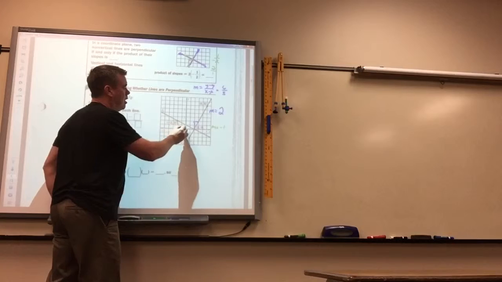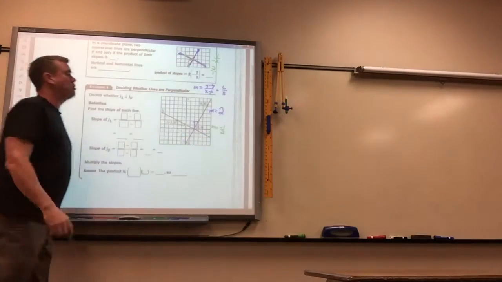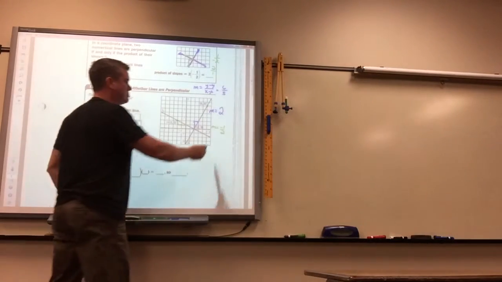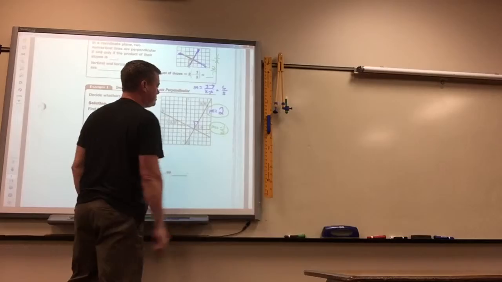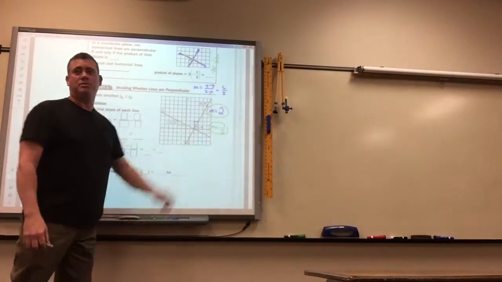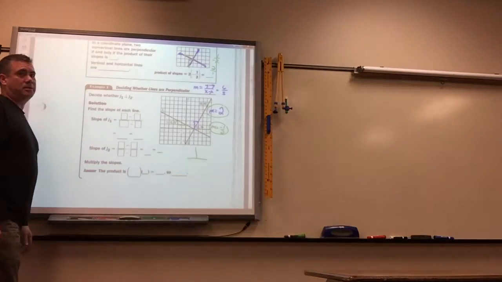So that's negative, and over 2. So, are they perpendicular? Yep. One's positive, one's negative, and they're reciprocals. So you can just put the symbol for perpendicular.